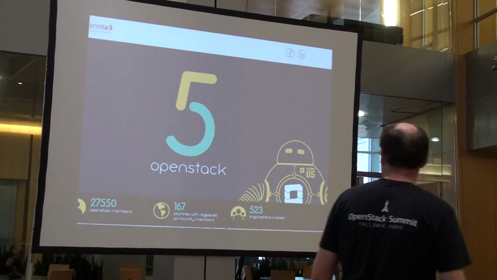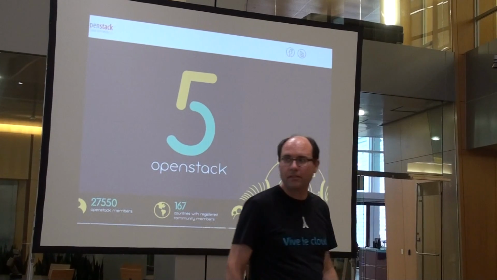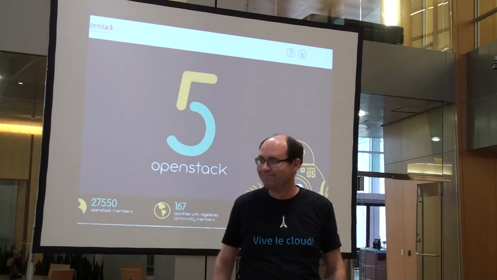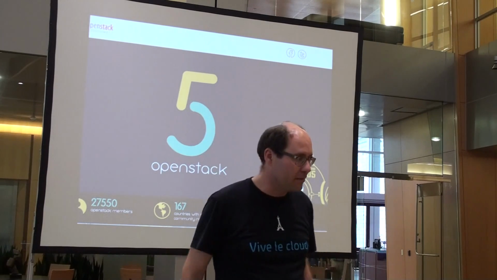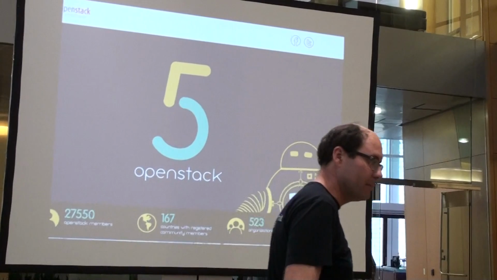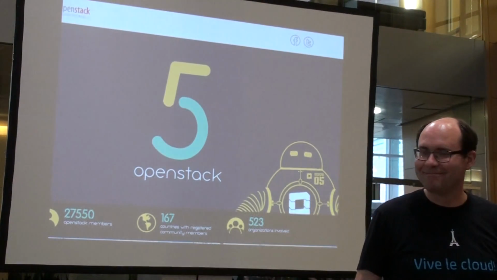The other thing is, you saw earlier that Java is 20 years old; OpenStack is 5 years old. They have birthday parties all over the country, especially where there are a lot of OpenStack people, like Silicon Valley.